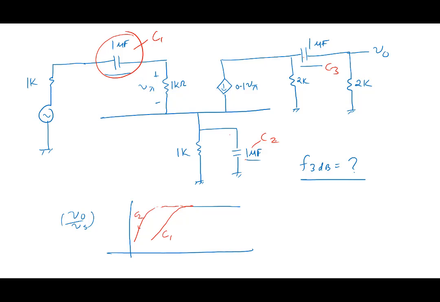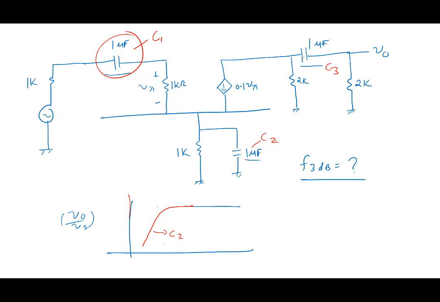So if this is the case, what should I do to C2 when both of them are present? What I'm saying is that this gain is there, and this gain is falling because of, let's say, C2. It's not falling because of C1.